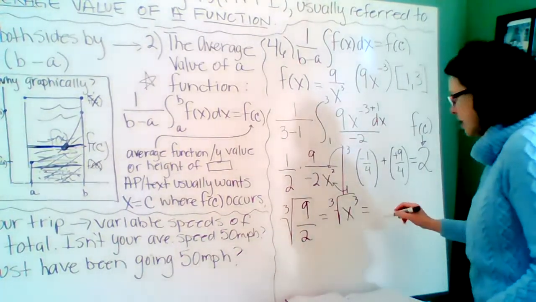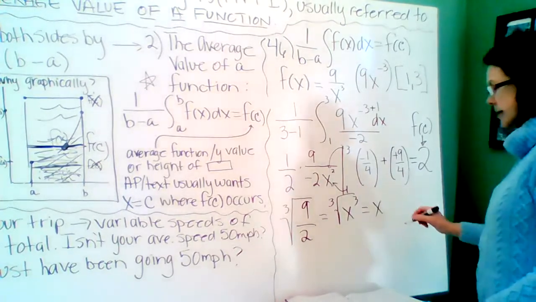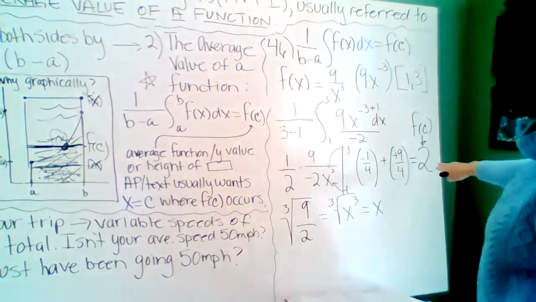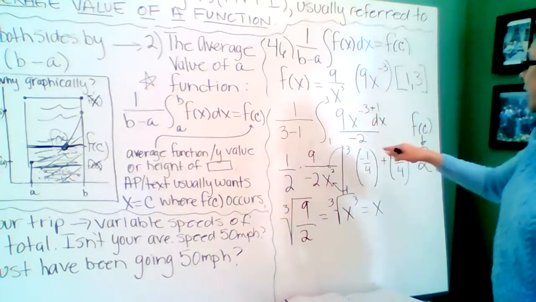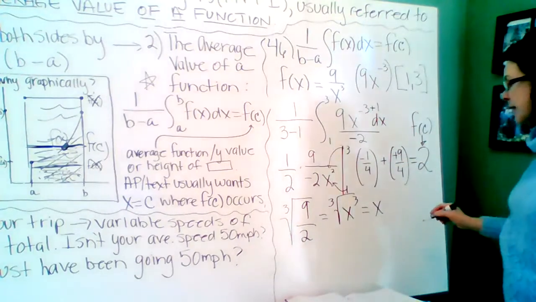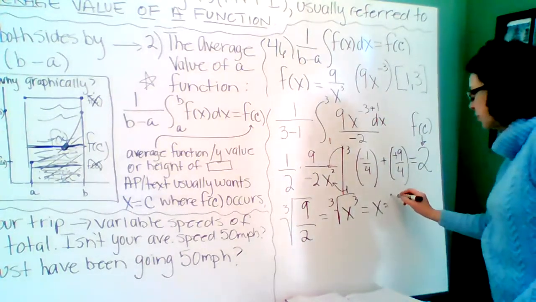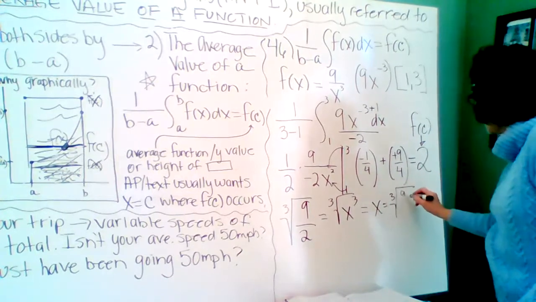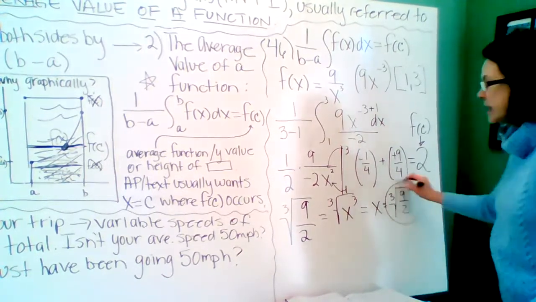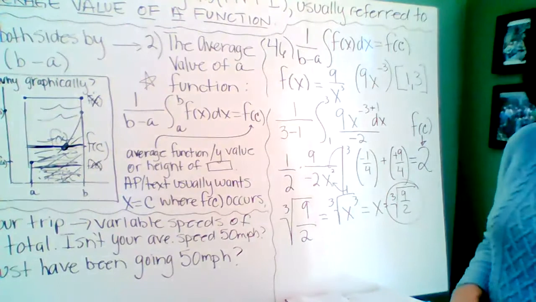And I get that x will hit this average value of 2, will hit the function 9 over x cubed, at the cube root of 9/2, right? And you can definitely turn that into a decimal.